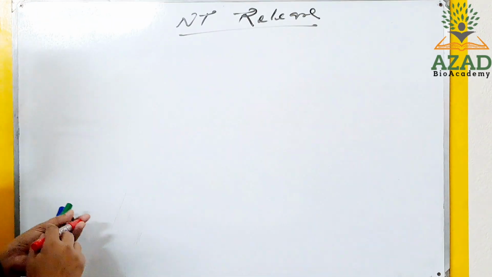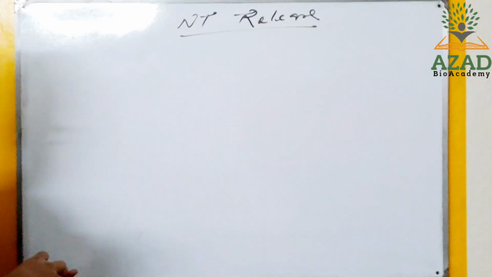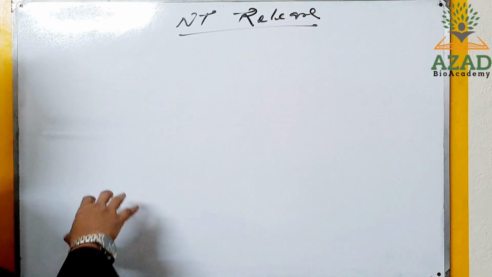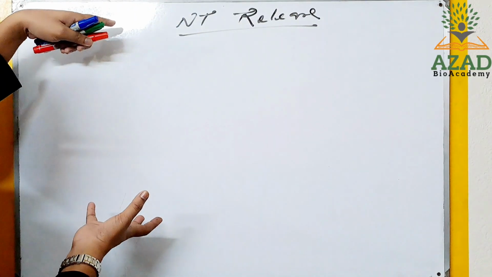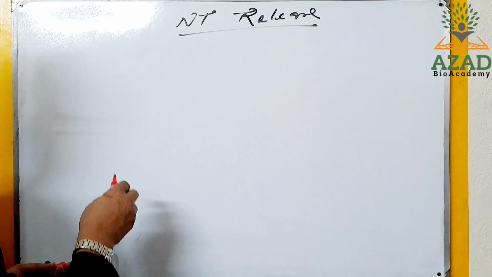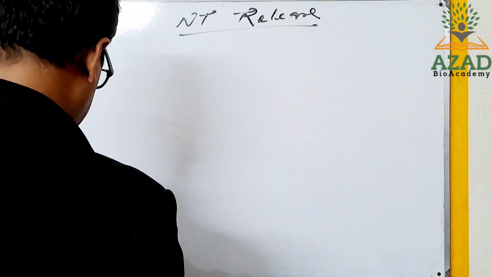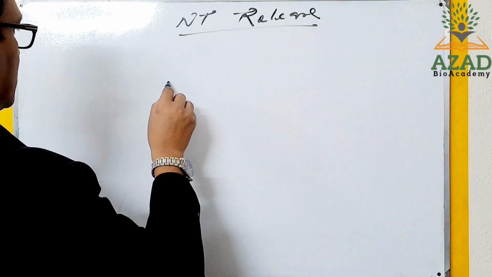Before going to the details, I will draw a basic structure of the vesicle, and then the basic structure of the membrane, and then we will try to make the connections between them. So here is the neurotransmitter vesicle.